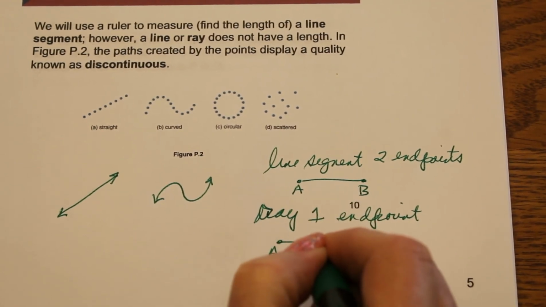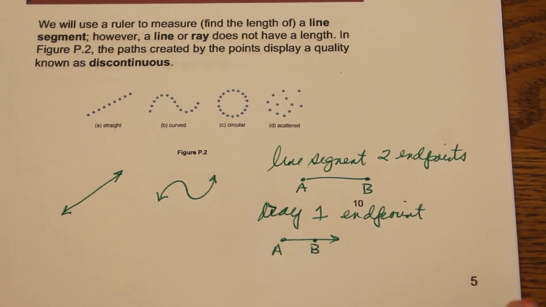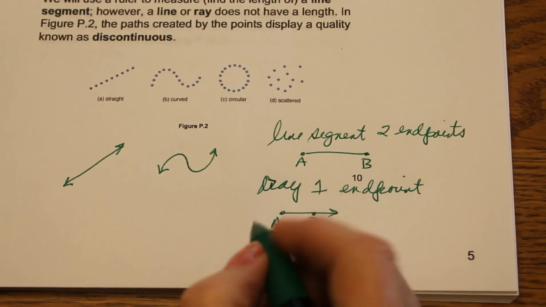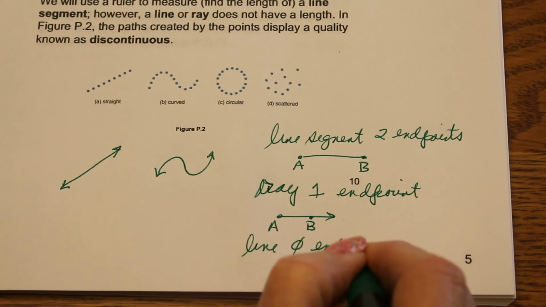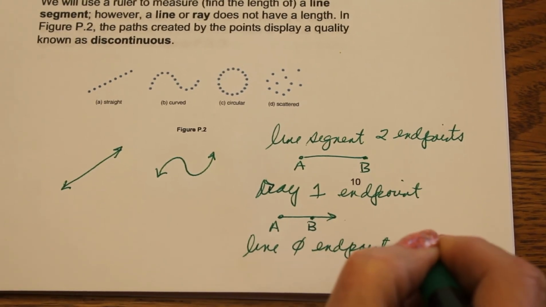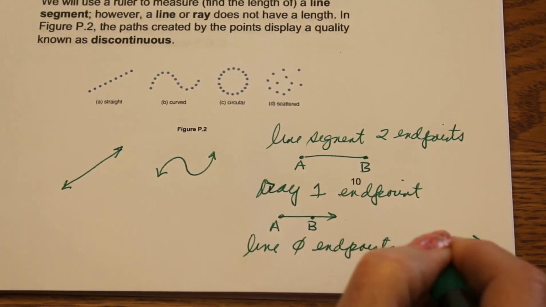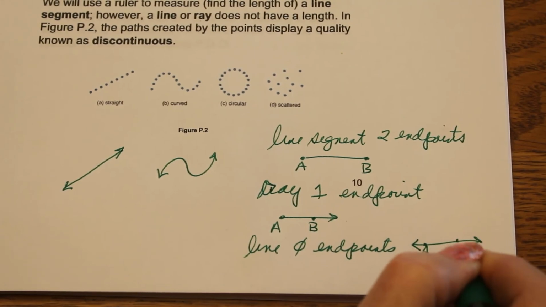So that goes from point A through point B and on to infinity. And then a line has no endpoints. It's going through point A and through point B.